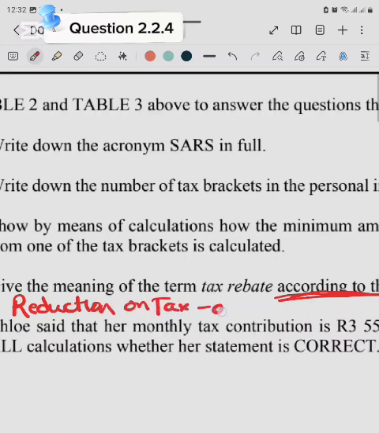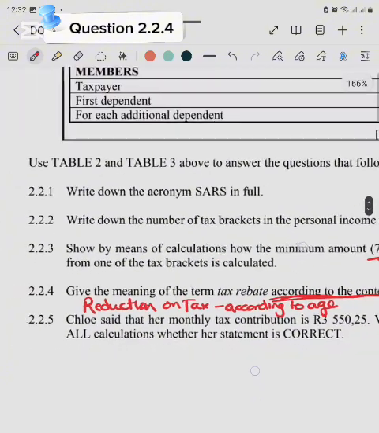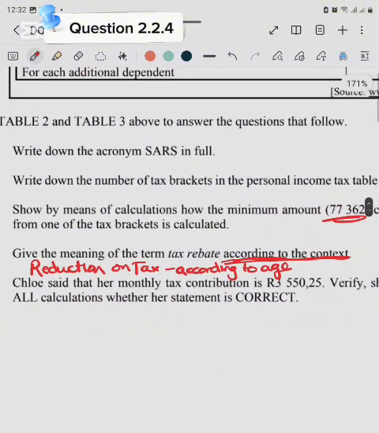And it's according to age. And then because of the context, and they want it according to context, you would need to say it is a reduction that Chloe receives on her tax based upon her age. So that would be what we're looking for. But the key things here is it's something that brings down your tax, and it is related to the person's age.